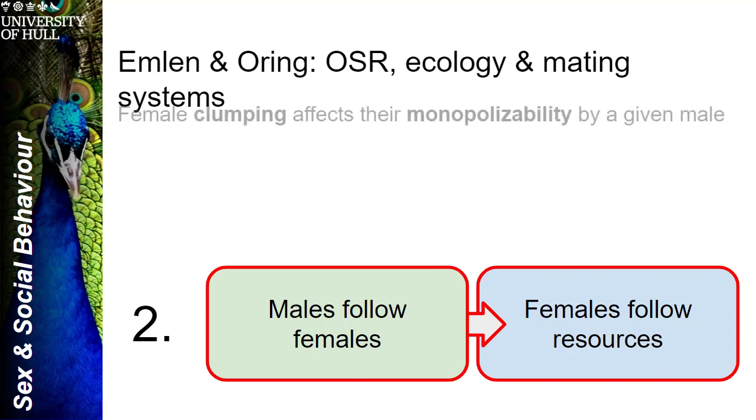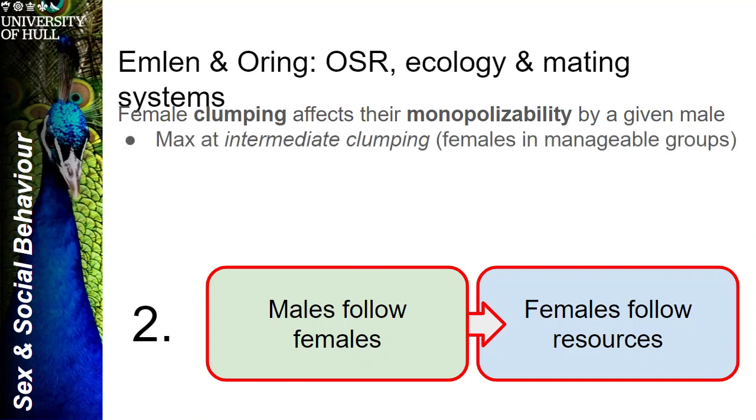And the extent of female clumping, as we saw in the paper by Trivers, affects their monopolizability, the extent to which a male can control a group of females.